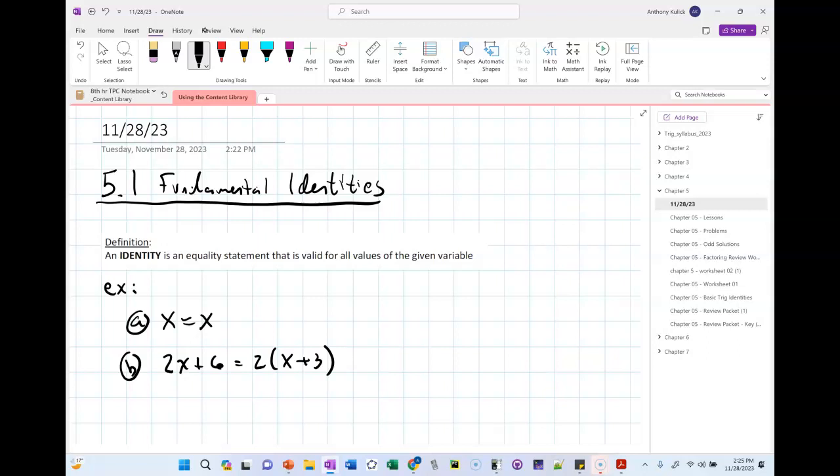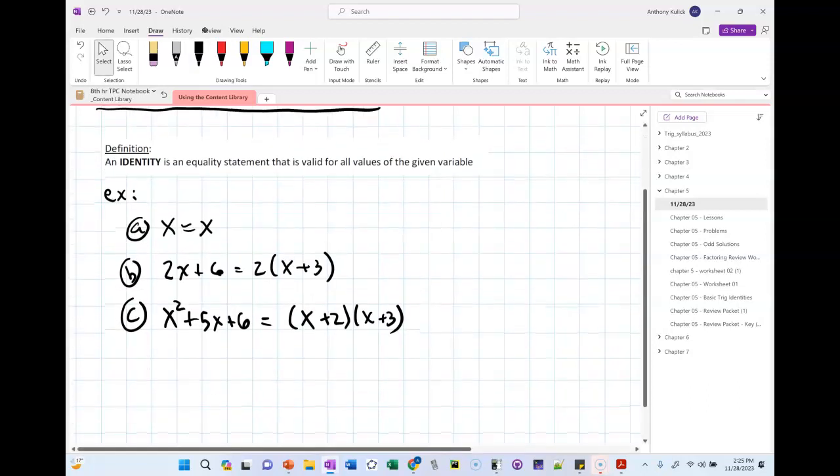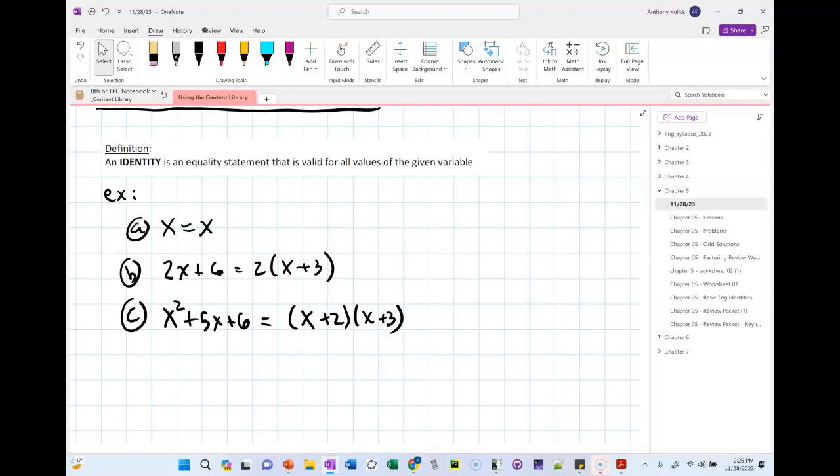Everybody's okay with that? Or you could have something like this. That's another identity. How do I know the two sides are equal? If I FOILed the right-hand side, I should get the left-hand side, which I will. Or if I factored the left-hand side, I would get the same thing as the right-hand side. Everybody's okay with that?